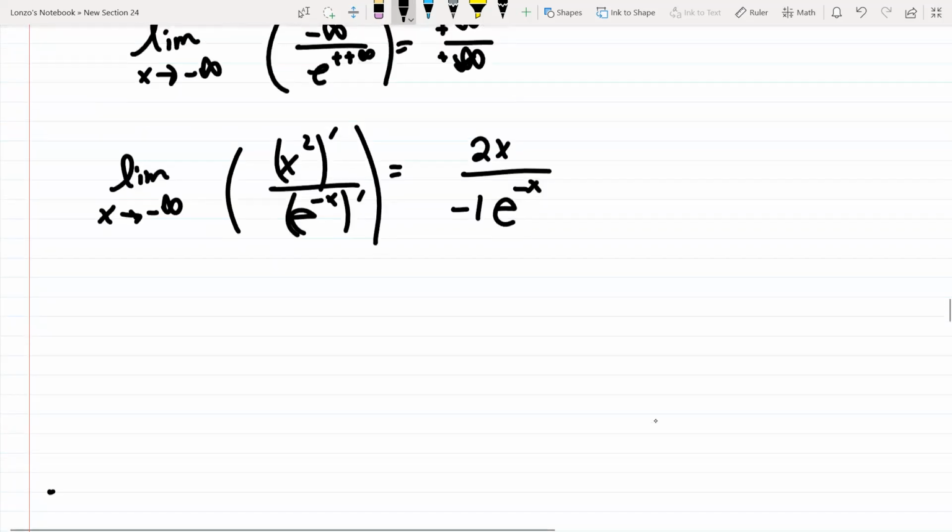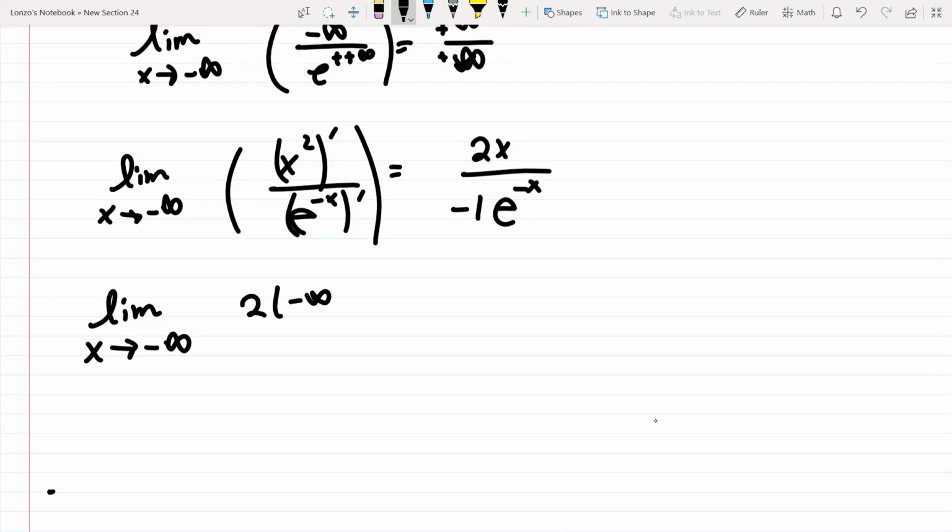So when you put in the limit as x approaches negative infinity, what happens? It's going to be 2 times negative infinity over negative 1 e to the minus negative infinity.